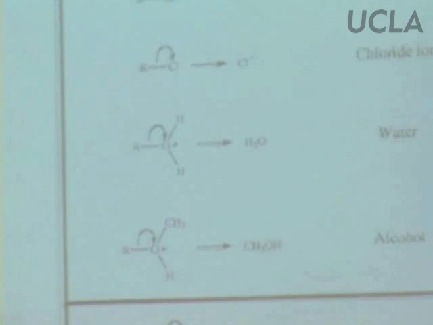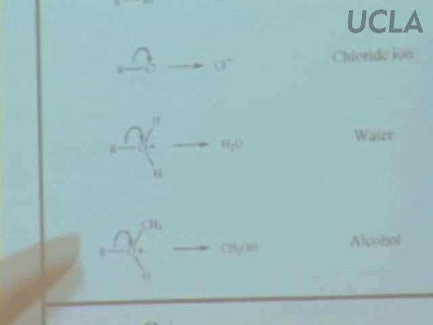Now down here in the next section, we have groups that rarely leave. These leave only under pretty much special circumstances. We really shouldn't expect them to be leaving groups too often. One is fluoride. What do you think the major issue with fluoride is? It's got really high electronegativity. It's like you're looking at an apartment and going, wow, I love the wallpaper in this one room.